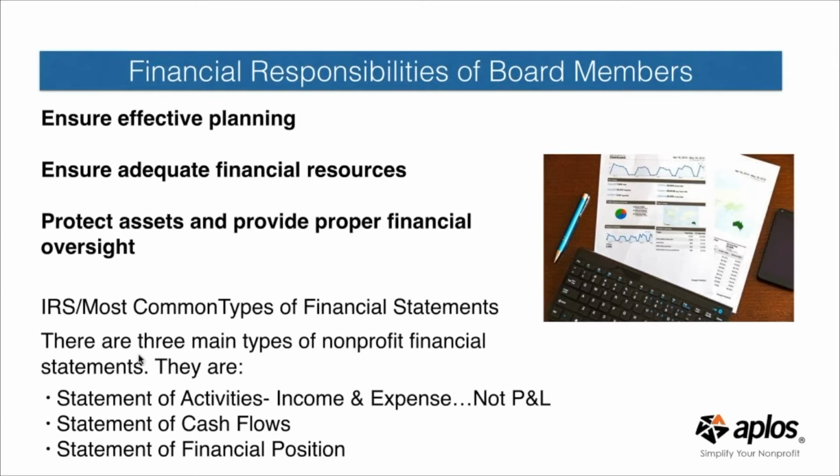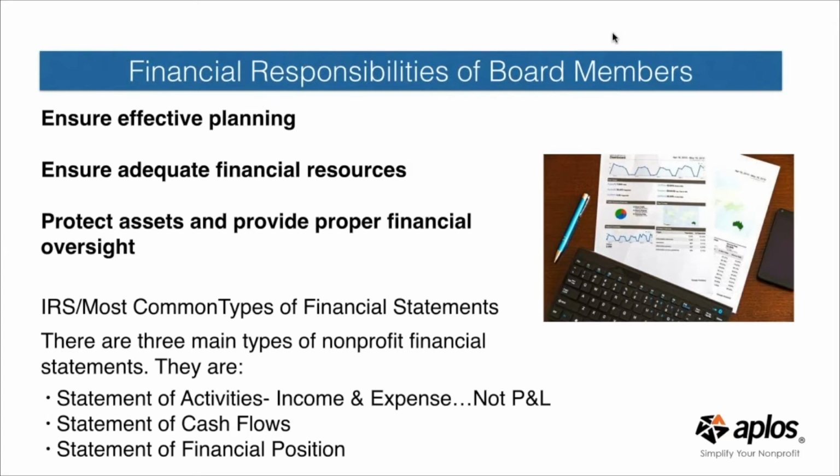I want to mention on the statement of activities, we're going to come back to this, that many times people call it a P&L. QuickBooks, who we are not, calls it a P&L, which stands for profit and loss. One of the things here at Aplos is we really lean away from that language of profit and loss, because we don't think that as a nonprofit you're doing profit and loss the same way a business is. Not to say that you don't have to have profits at the end of the year, but a profit and loss really doesn't 100% represent what you do.